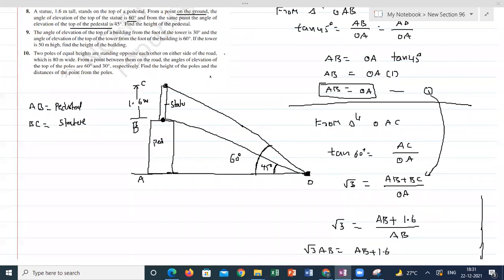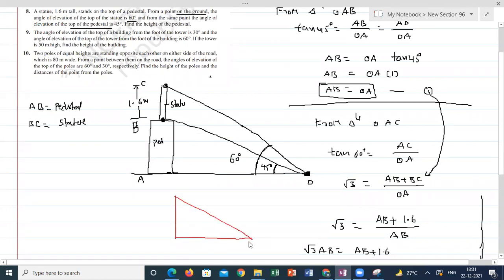Sorry. Now I'm taking another triangle. I'm drawing the other triangle with red color. Another triangle is OAC. This AC is a combination of AB plus BC, where BC is 1.6.